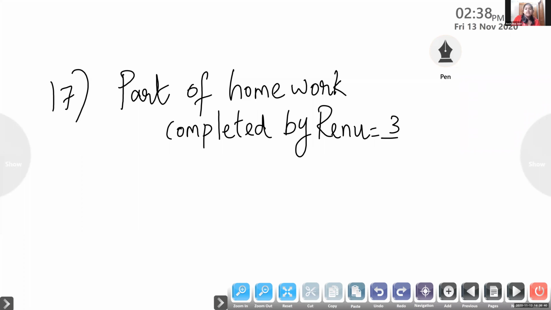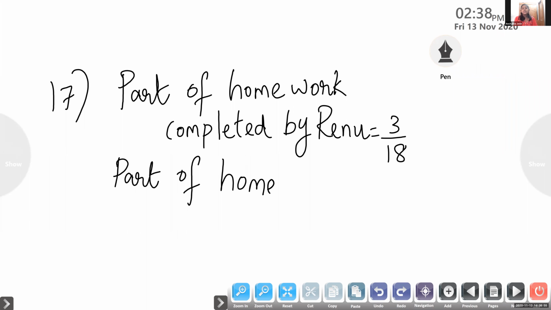We have done equivalent fractions. If you do cross multiply, also we can check. Part of the homework completed by Sureka. Ma'am, but this concept is lowest term, right? So we should go to lowest term. Who completed more homework?